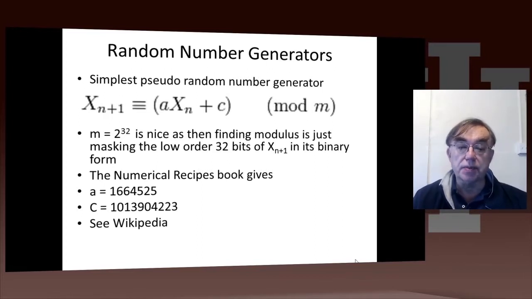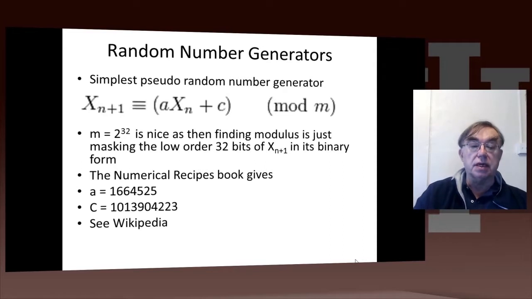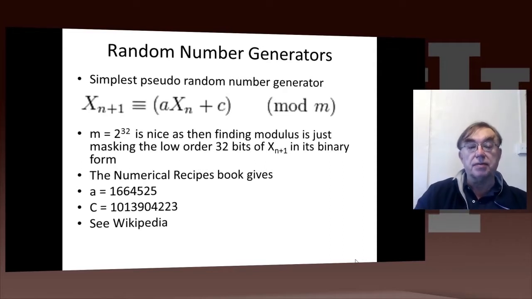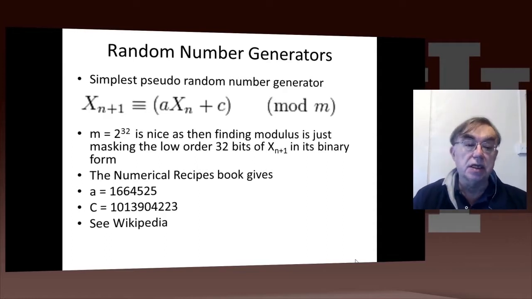If you want to write simple code, 2 to the 32 is a nice modulus because that says if you take 32-bit integers, multiply them together, you get a 64-bit integer. And then modulus 2 to the 32 just means you take the low order 32 bits.